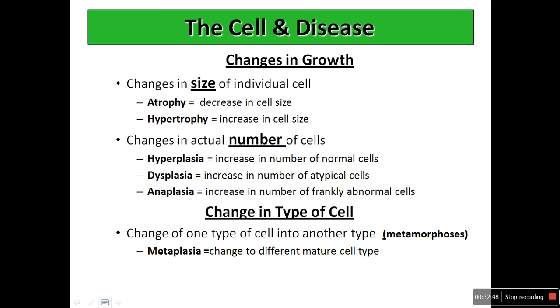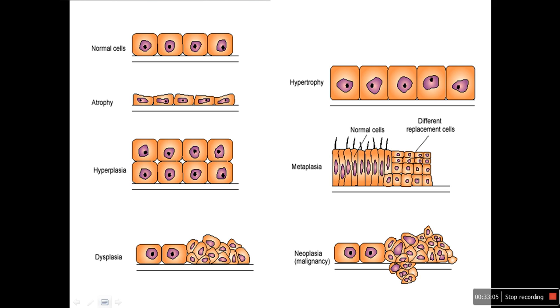For example, if I have a cuboidal epithelium cell and it changes to another type of cell, that's obviously a disease. Here in metaplasia, you have normal columnar ciliated cells, and they change to a different replacement cell, like a cuboidal epithelium.